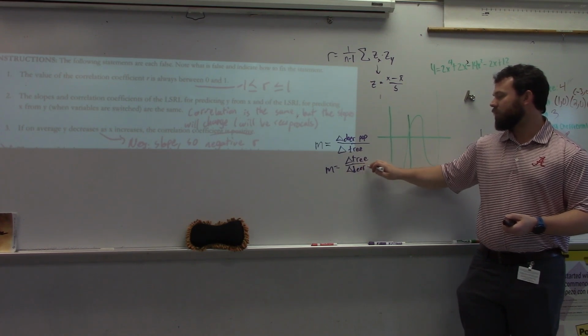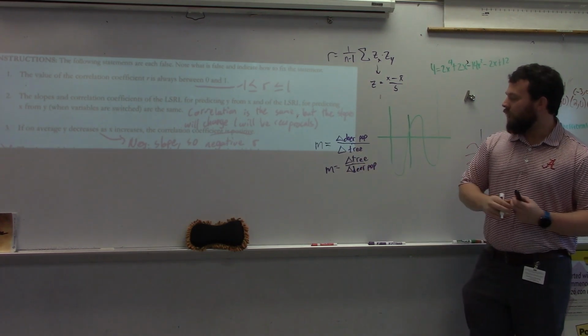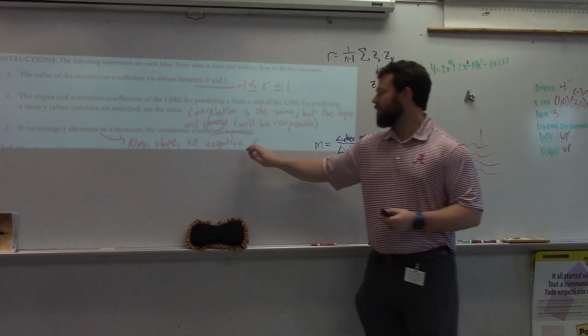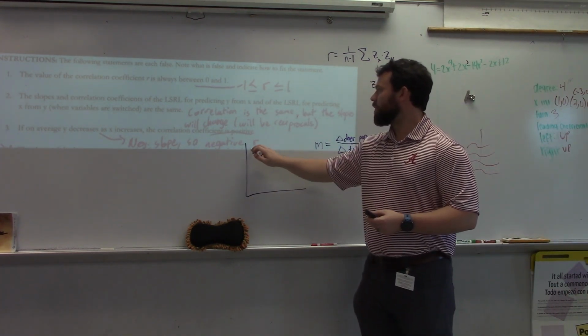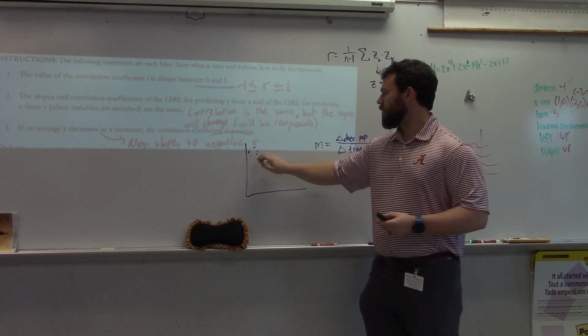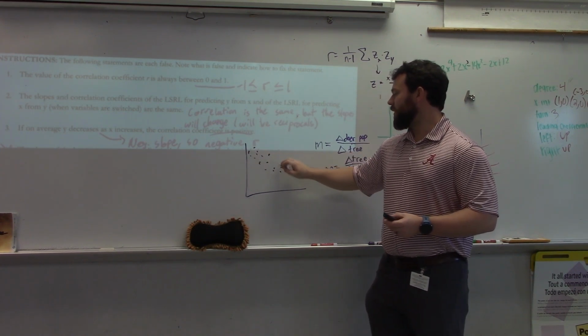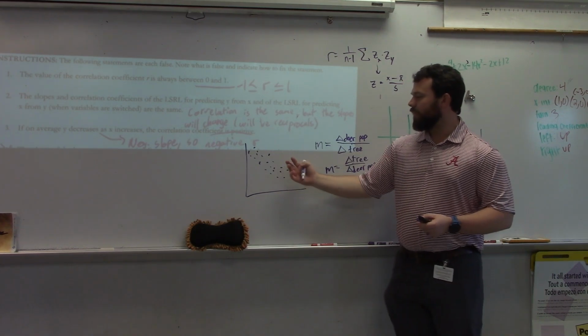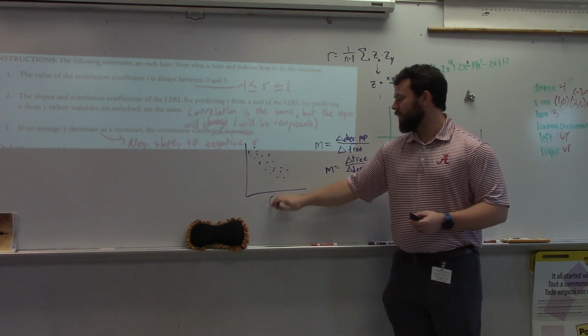Should we do a visual representation of that? Like, put that on the graph. So here's my deer population.